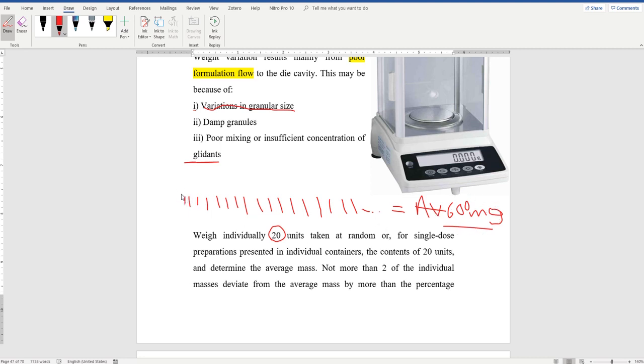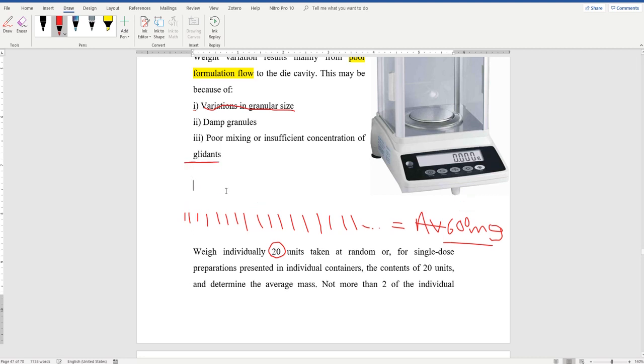For example, if the first tablet weighs 500 milligram, then how do you calculate its percentage from average? You divide it by 600 and then multiply it by 100%.